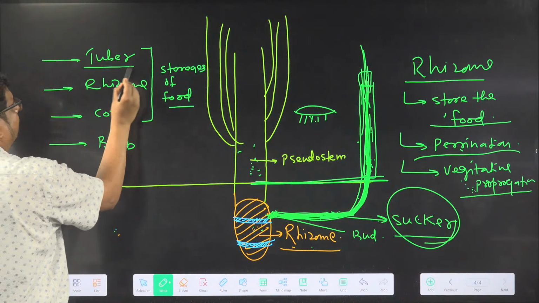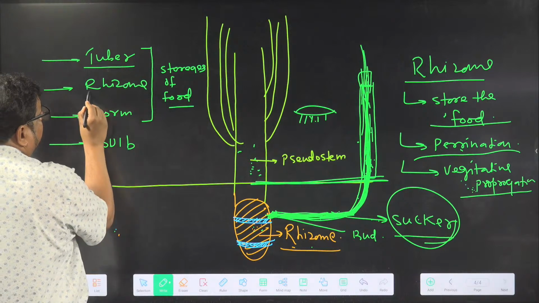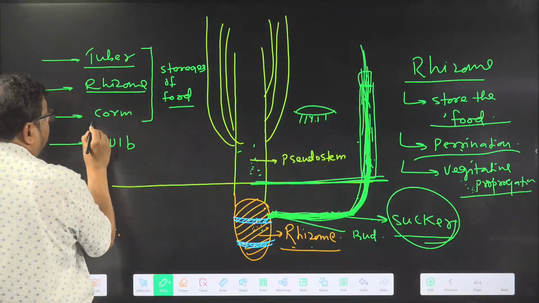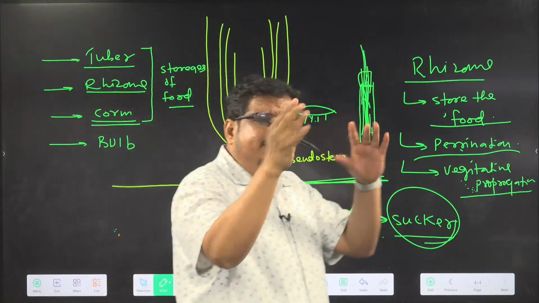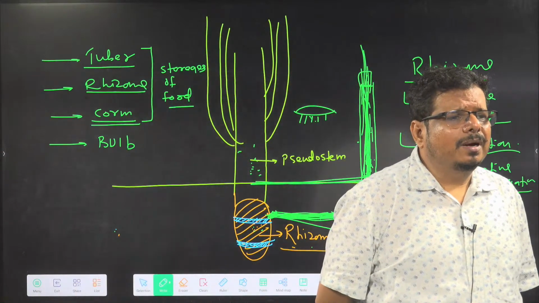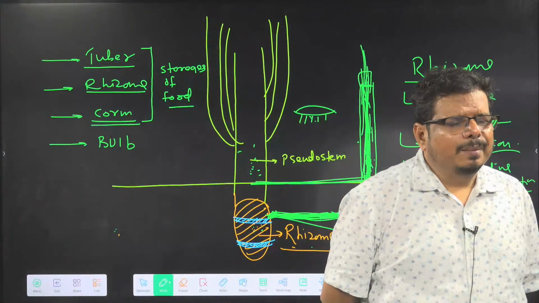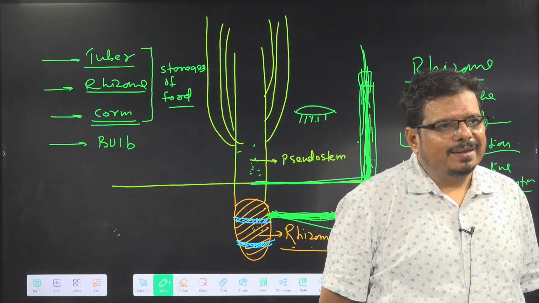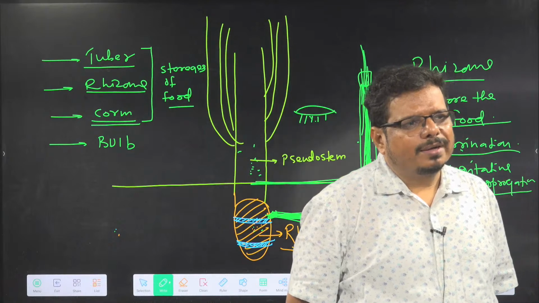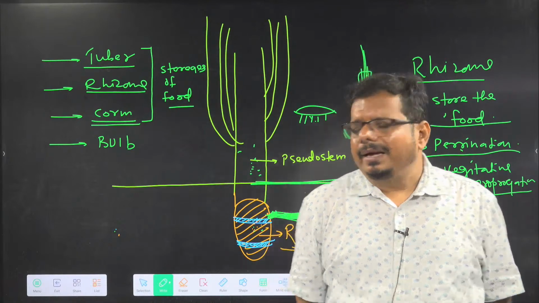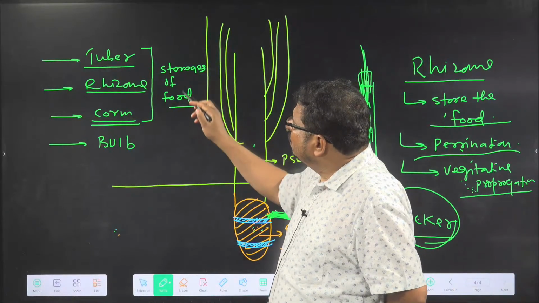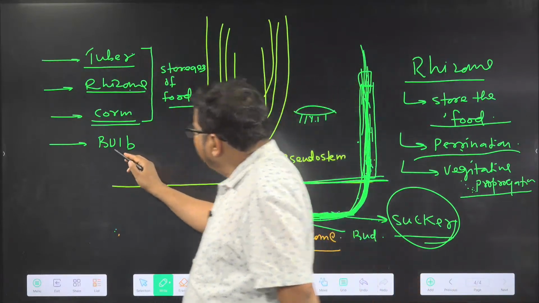In tuber, food is stored in stem. In rhizome, food is stored in stem. In corm, I am not going to say more about the corm. Example is sufficient. That is what? Colocasia, Amorphophallus, that is called Zameenkand, Crocus are examples of corm. Able to understand or not? And food is stored in which one? Stem.